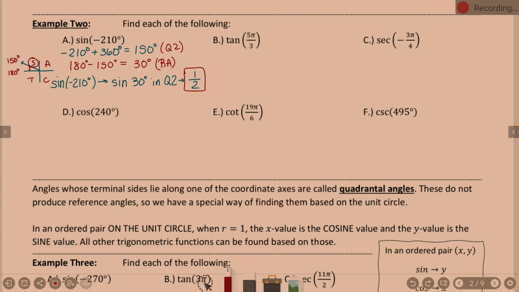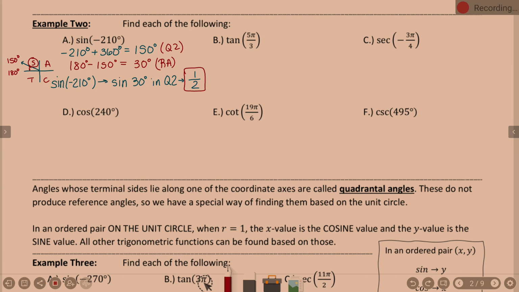If this had been cosine or tangent of negative 210, then we would be giving negative answers. Okay with that one? Try, as I said, to stay a step ahead of me. Make sure we know what we're doing.